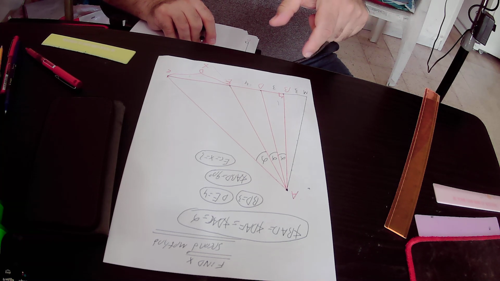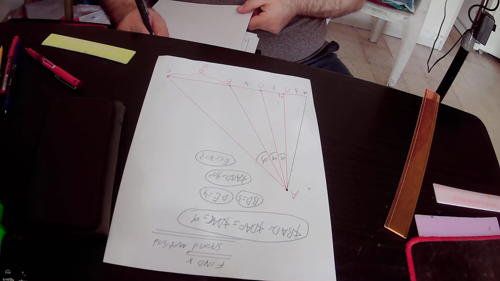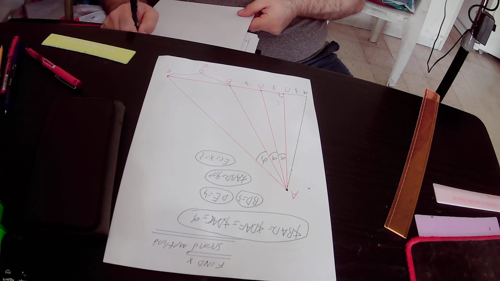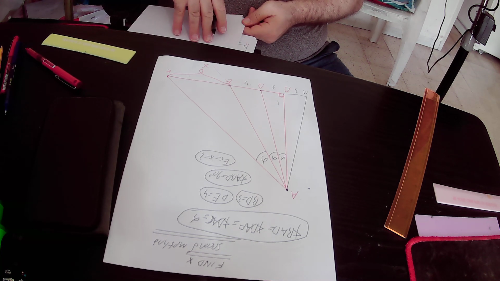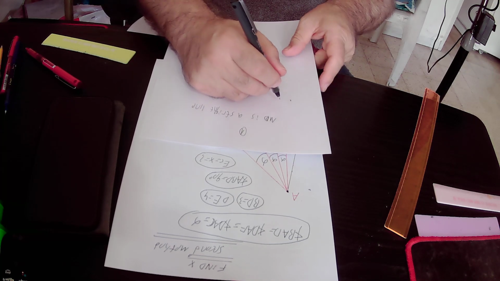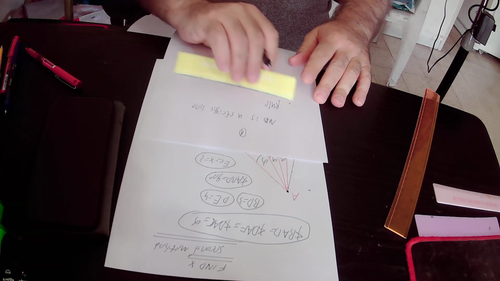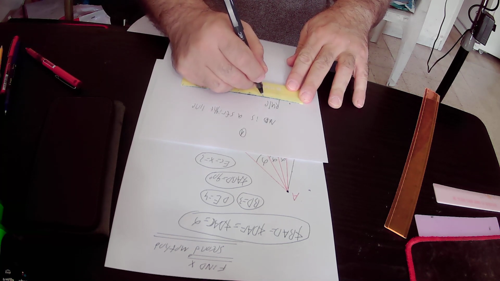So MD is a straight line. And we have a rule that states that the sum of the angles on a straight line equals 180 degrees.